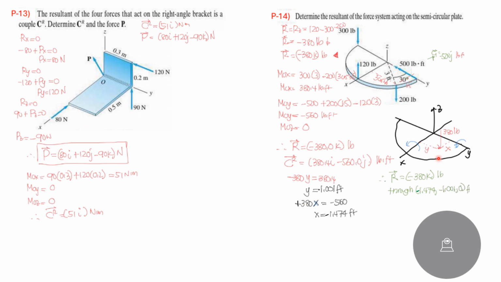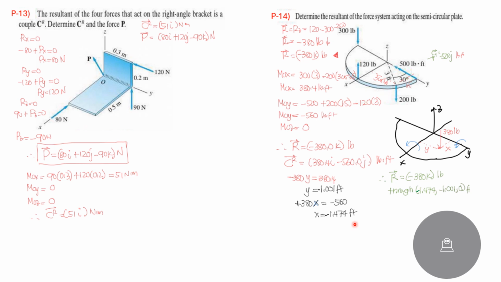Then the moment of the 380 about the y-axis is negative 380 times x. So 380 times x equals the moment about y, which is negative 560.